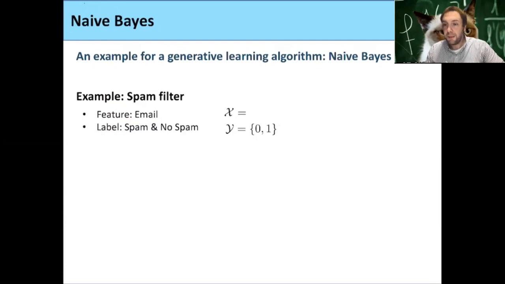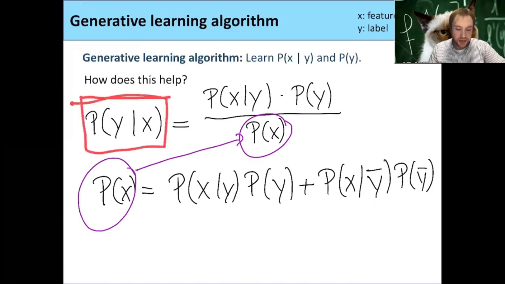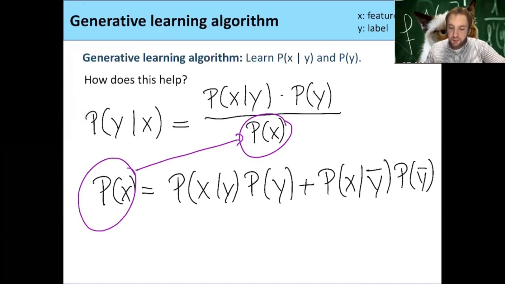Oh, there's a question. Let's go back. The question is about the significance. Why are we interested in this thing here? Well, for example, in our example with studied hours and passing or failing an exam, we want to learn a prediction.